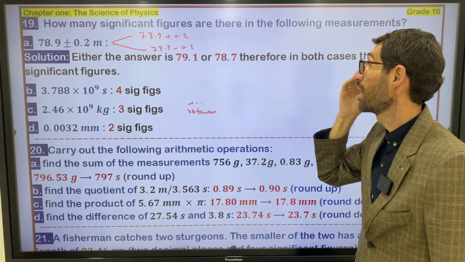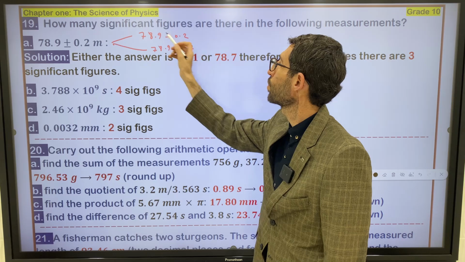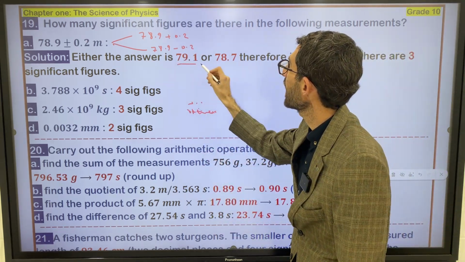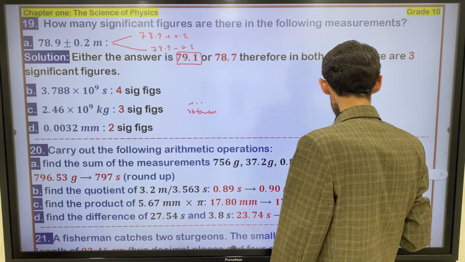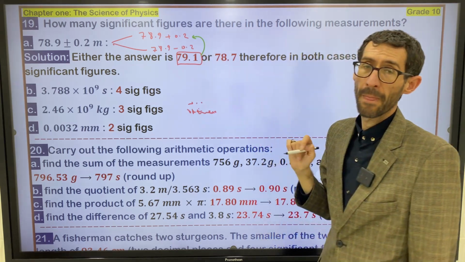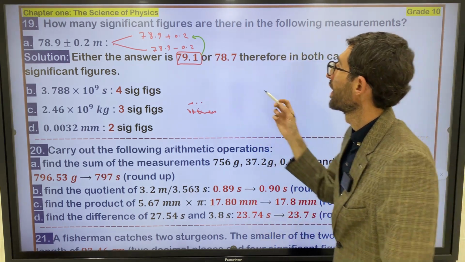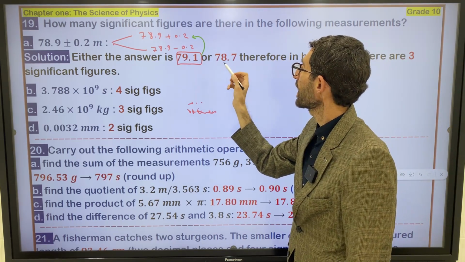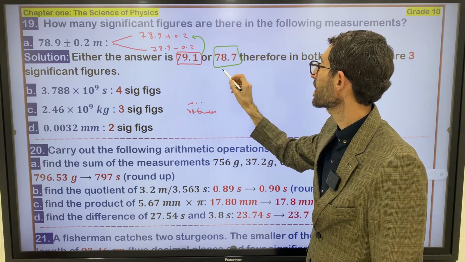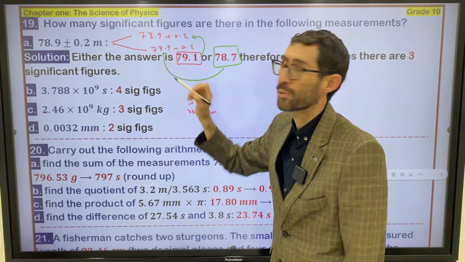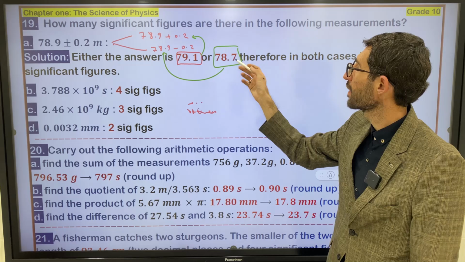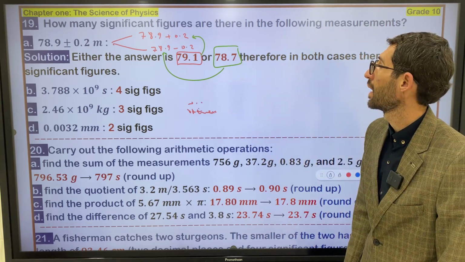The first one: whenever you add 0.2 to the 78.9, the answer will be 79.1. This is the answer of the first operation, right? The answer of the second operation, subtraction, is 78.7 meters.